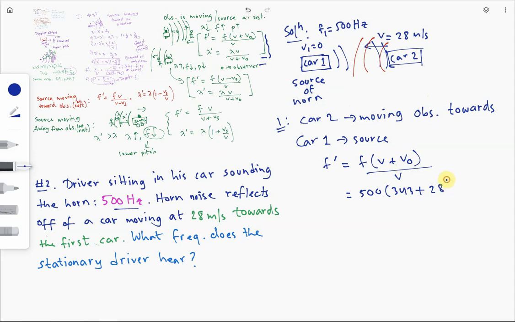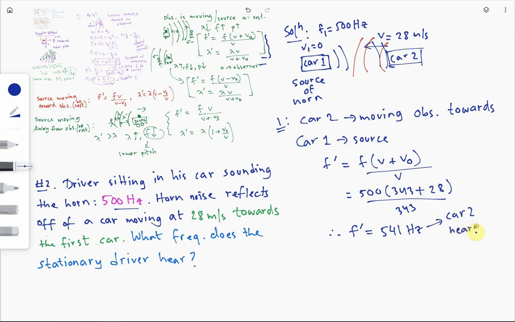We don't need to take care of directions. So that's that over 343. Therefore, the frequency that reaches car 2 is f prime, which is 541 Hertz. This is what the driver of car 2 hears.